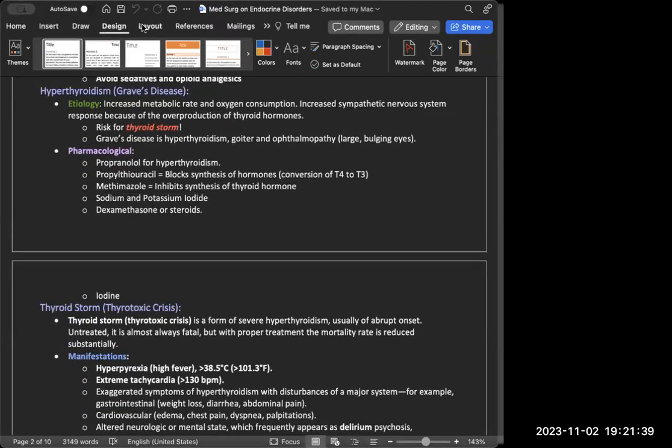Now we have hyperthyroidism, which is also called Graves' disease. Now, does anybody remember one of those symptoms in Graves' disease that kind of lets you know that they might have hyperthyroidism? I'll give a hint. It has something to do with the eyes.